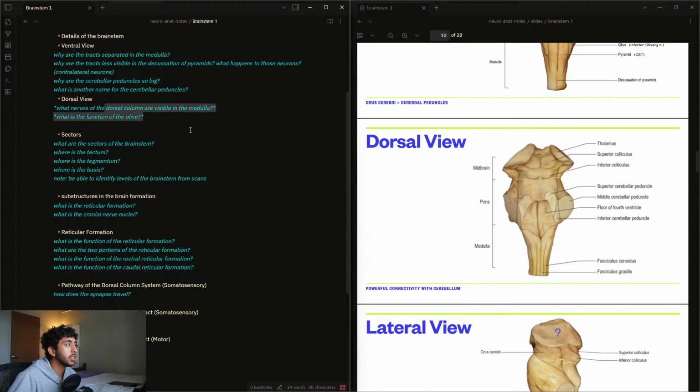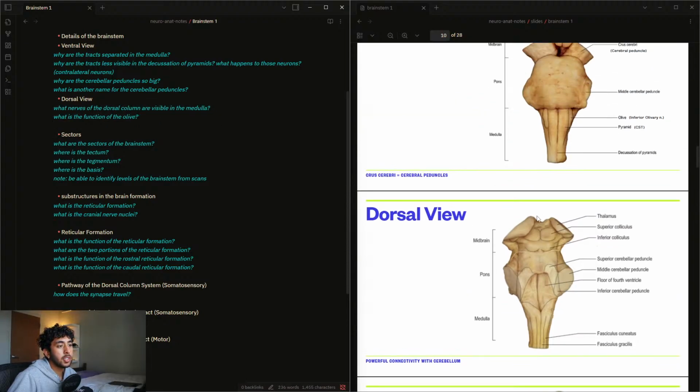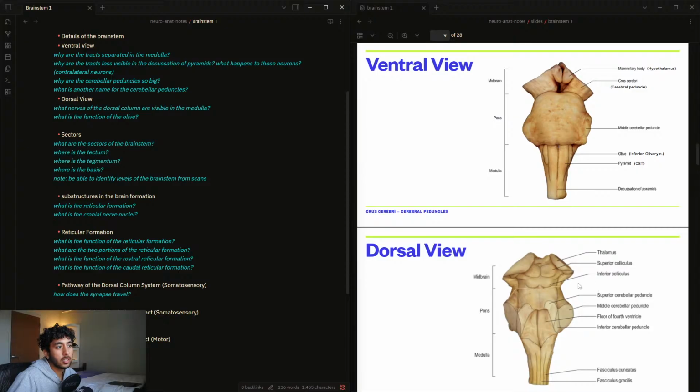We answered this. So I'm seeing a lot more structures whenever you look at the dorsal view of the pons. Superior and inferior colliculus showed up, as well as the thalamus, or a portion of the thalamus.